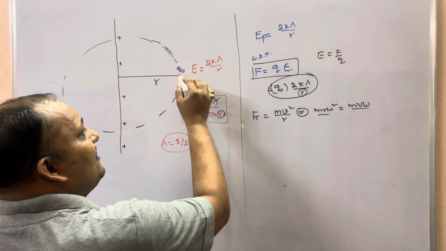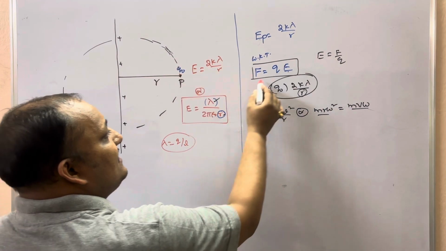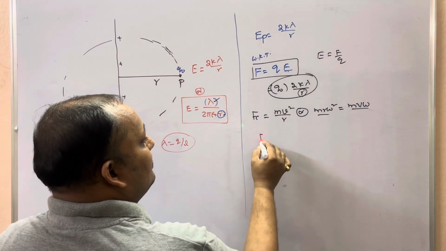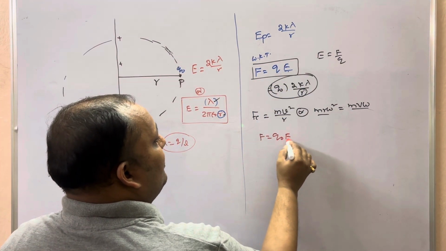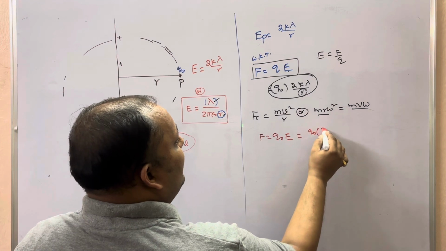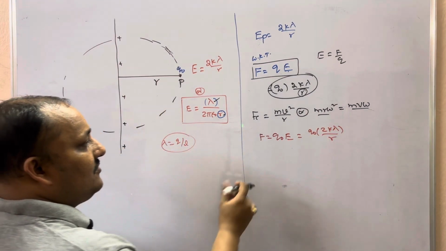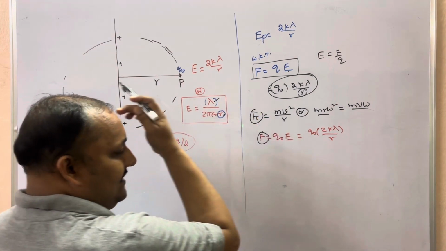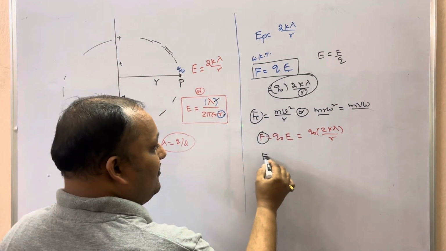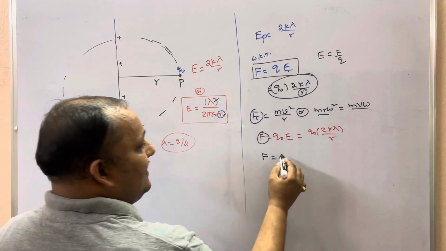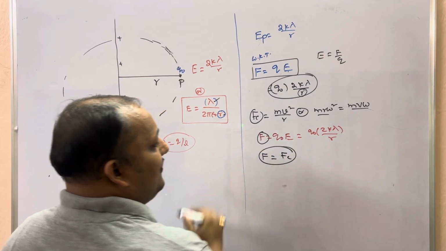So, how much force is acting on this charge? F is equal to Q naught E, so Q naught into 2k lambda by R. Now this force is equal to centripetal force. Force due to electric field is equal to centripetal force.